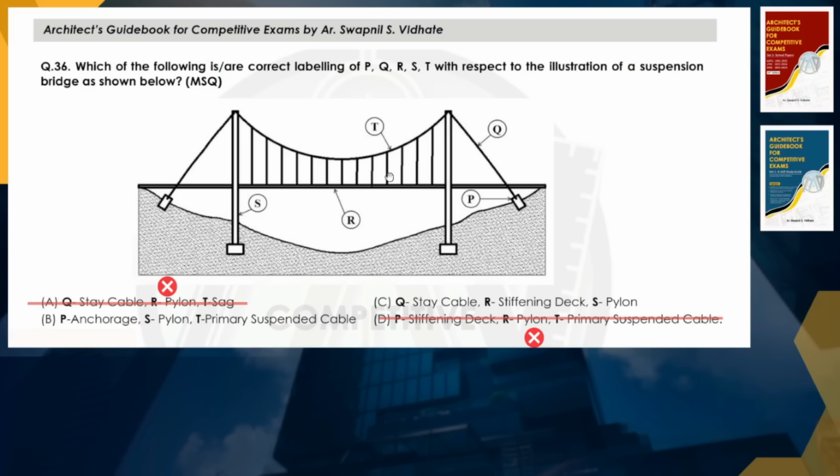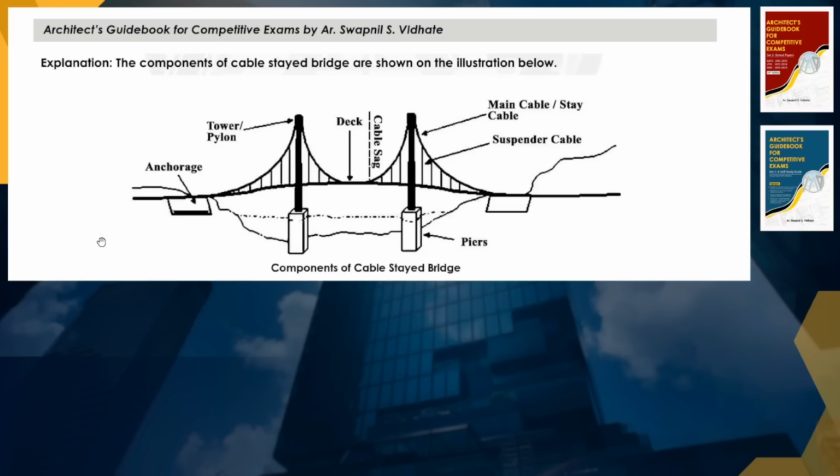S is pylon, also correct, and T is the primary suspended cable. Q is the stay cable, which is correctly mentioned at option C. R is the stiffening deck, also correct, and S is the pylon. So options B and C are the correct options for this question.